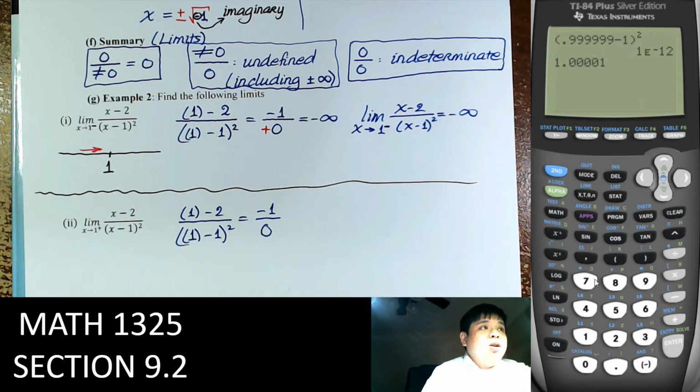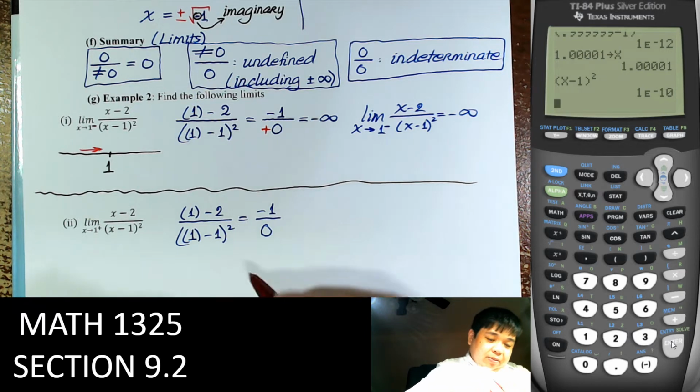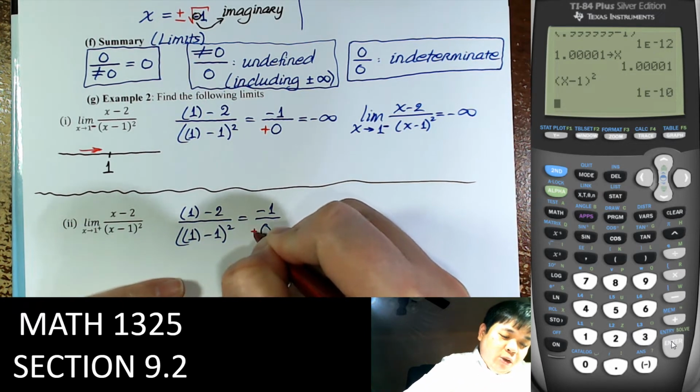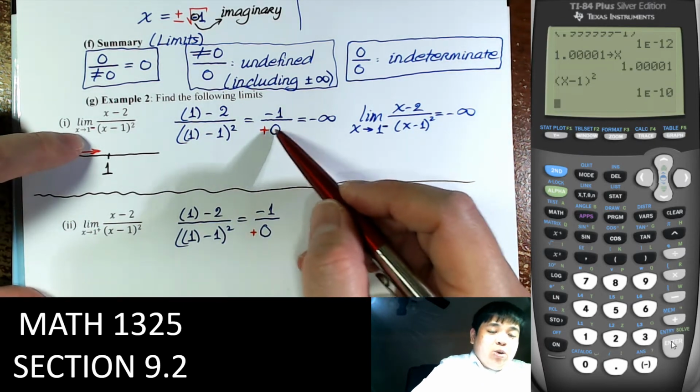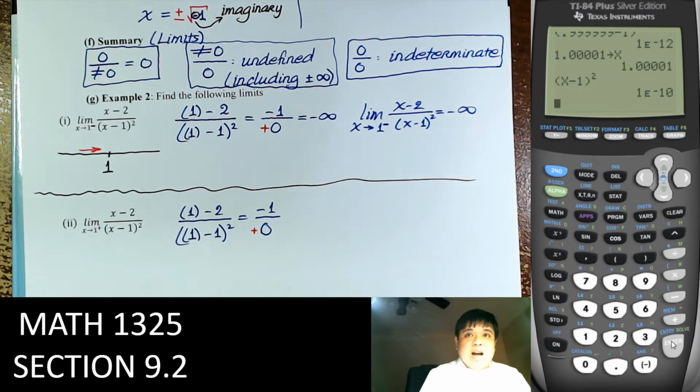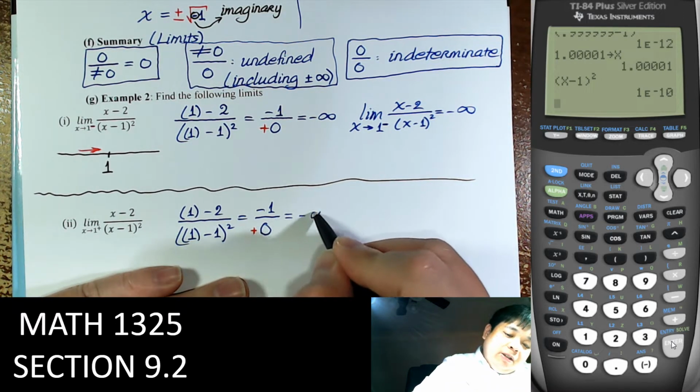I can just hit the star button and then hit x, and I just say x minus 1 square, and once again, it's a positive. So from the one-sided limit, we find out that it goes to 0 from the positive side, meaning it's going to be positive, and negative divided by positive is negative.